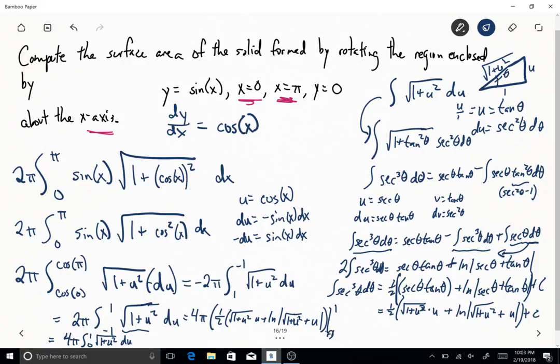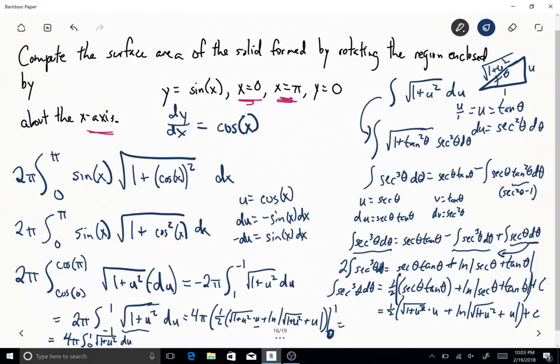So I'll plug in 0 there. Notice when I plug in 0 to each of these, I'll get 0 for the first case because I'm multiplying by 0 right there. And then I'll get natural log of 1 plus 0, so natural log of 1 is just 0. So I don't have to worry about that term.